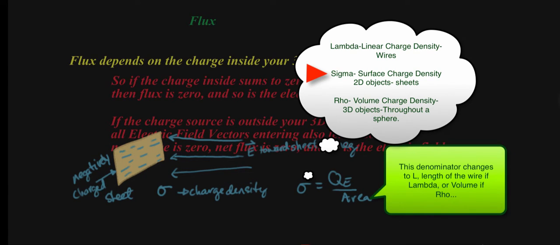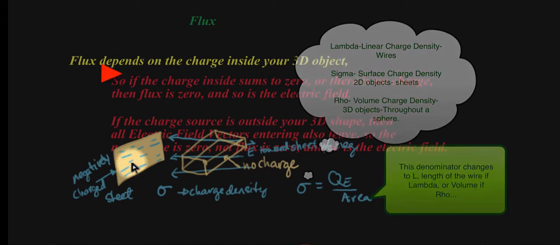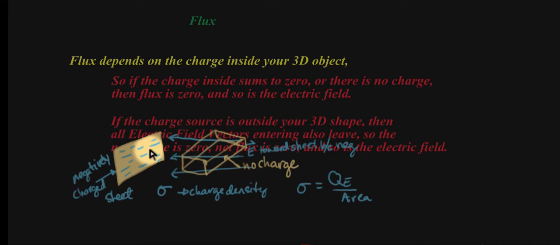And if you take your Gaussian surface and you put it outside of the source of the charges, then whatever electric field line comes in is also going to come back out. So in essence, it'll be no net charge, no electric field, no flux. So if there's nothing in there, if they add up to 0, or if the source is outside, all those scenarios give you a flux of 0.